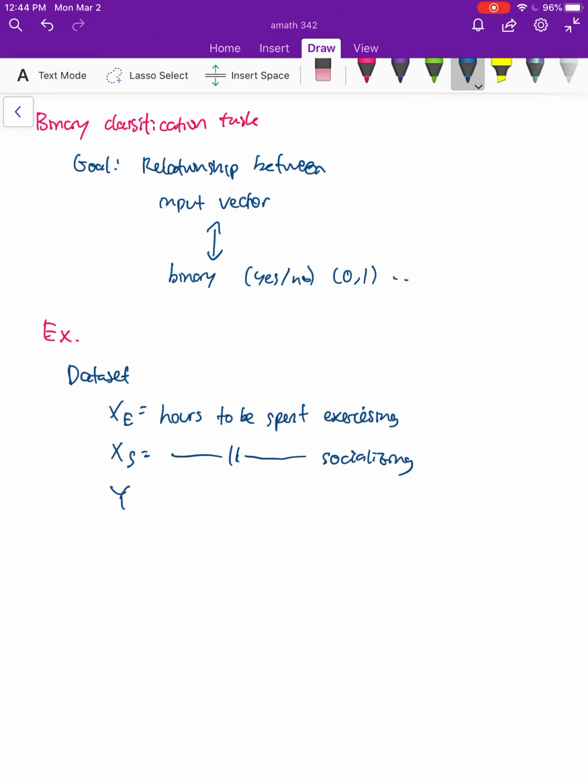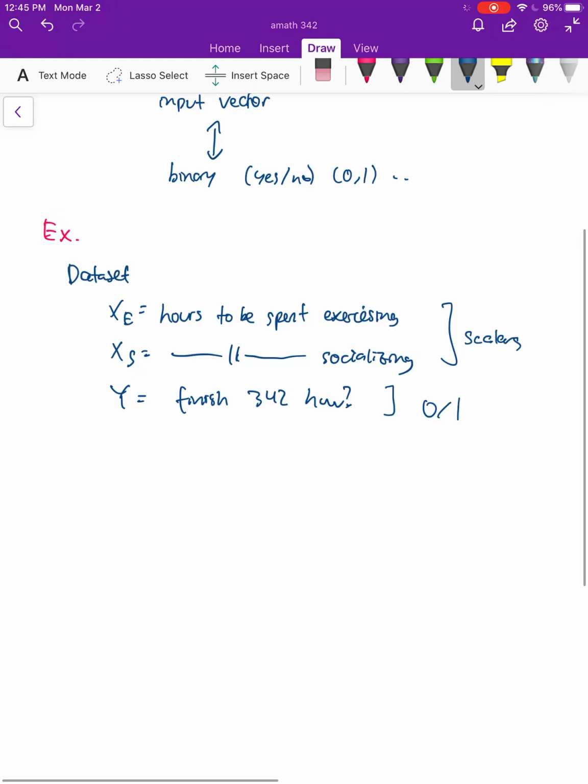And then he asks you to predict if for that week he would be able to finish his 342 homework. And so we notice that xe and xs are both scalars, and y, the thing that you're supposed to predict, is binary, just 0 or 1.